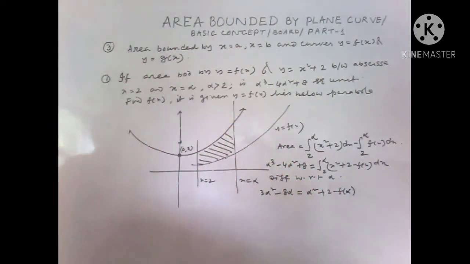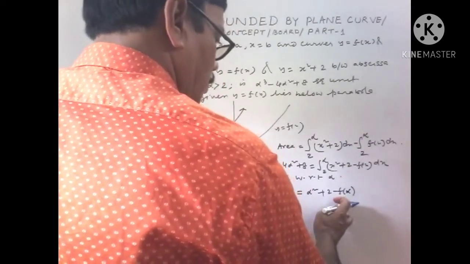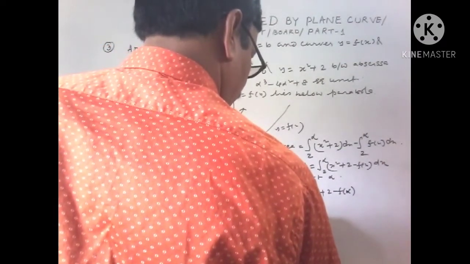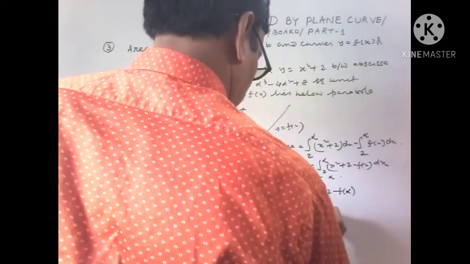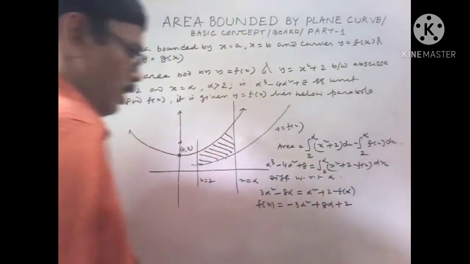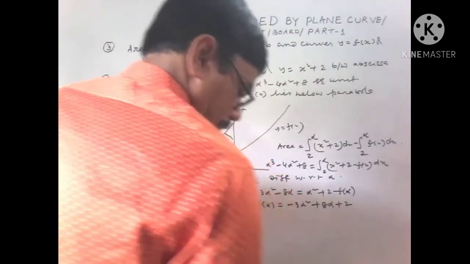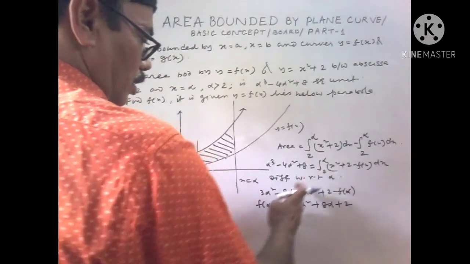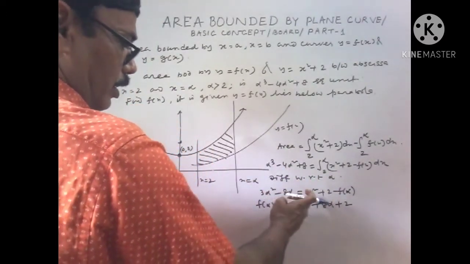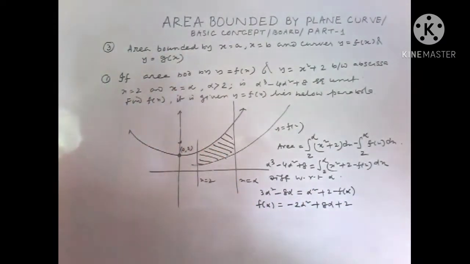So what is f(x)? We transfer f to the left hand side, so f(alpha) equals minus 3 alpha square plus 8 alpha plus 2. Not f(x), this is f(alpha). So alpha cube, 3 alpha square, this gives minus 2 alpha square plus 8 alpha plus 2.